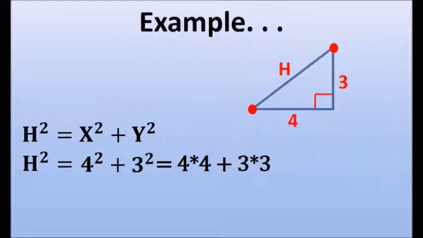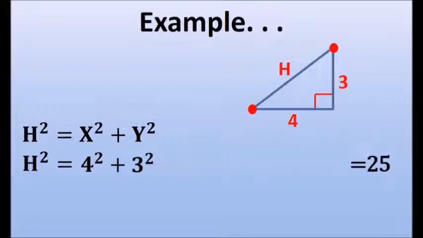This then equals 16 plus 9, which is 25. So h squared is now equal to 25, and the value of h that makes this equation true is the length of our hypotenuse. You may have already figured out what h is, but before we go there, I want to talk about square roots.